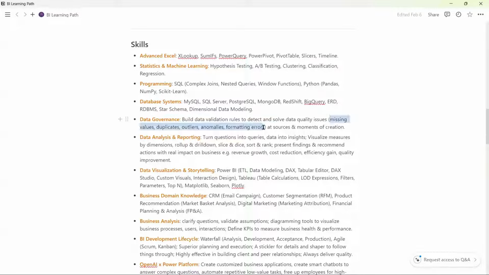Once again, be specific. You should mention what kind of data issues: missing value, duplicate, outliers, anomalies, formatting errors, unstructured data, and how you handle data quality issue. It's best to solve data quality issues at sources of creation and the moments of creation.